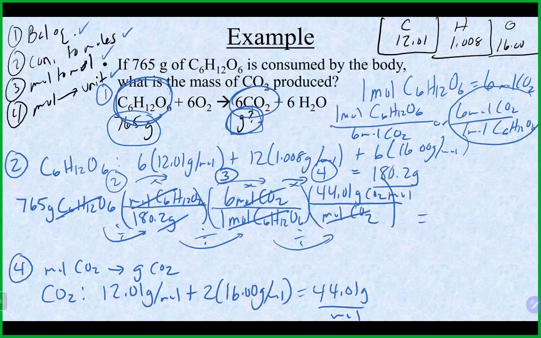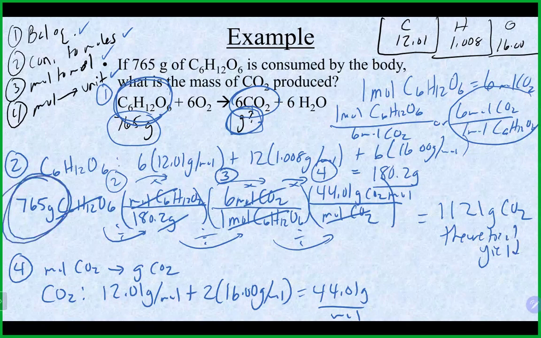And if we do all that, we will have 765 times 6 times 44.01 divided by 180.2. That's going to give us something like 1,121 grams of CO2 would be produced, which again would be our theoretical yield. We're looking at sig figs, which we probably should be. That is 3 sig figs. So maybe something like 1,120 grams of CO2 in this case would be appropriate.